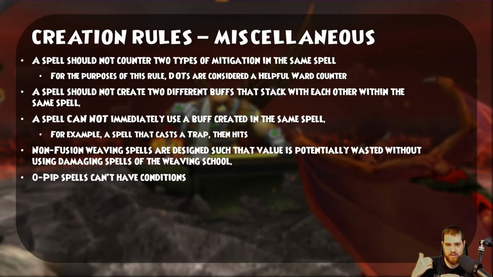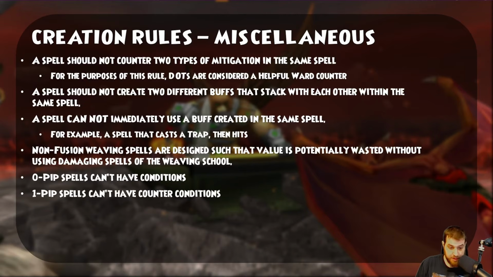Wand hits are an exception, but they're supposed to just be straight utilities. 1-pip spells can't have counter conditions. We created this rule when we revisited rank 1s last time. I think we changed Bloodbat and Dark Sprite. They don't have enough value on them to counter anything, so that's more of a value thing, but it comes up, so there you go.